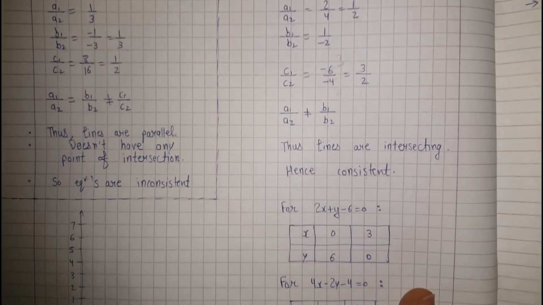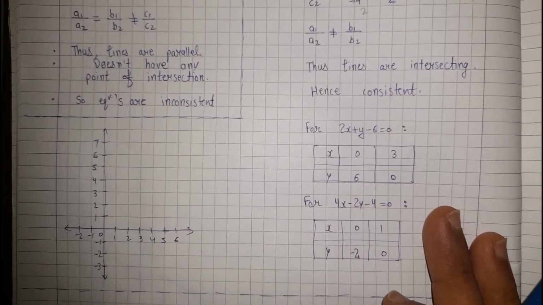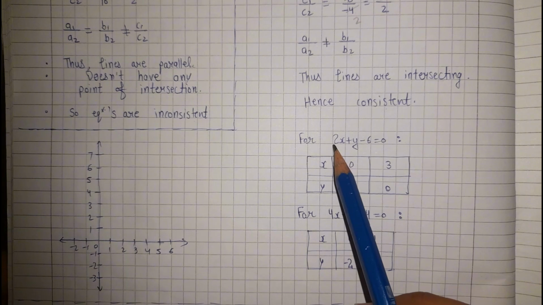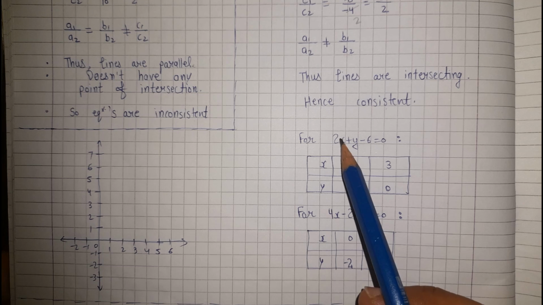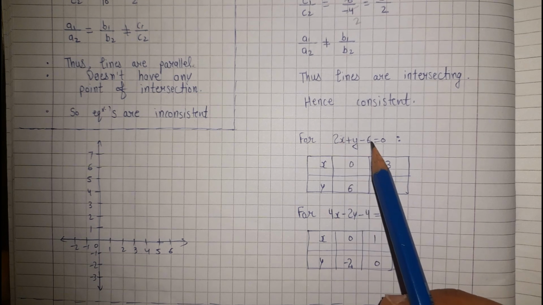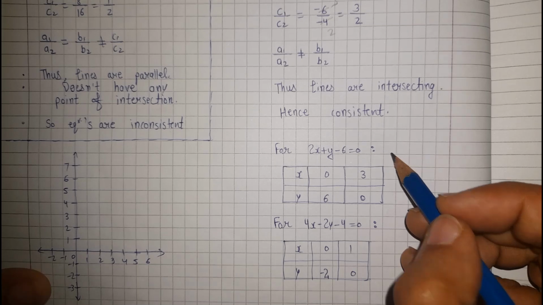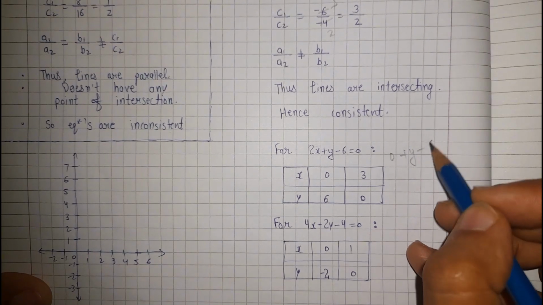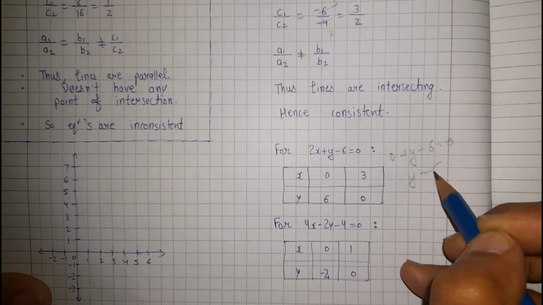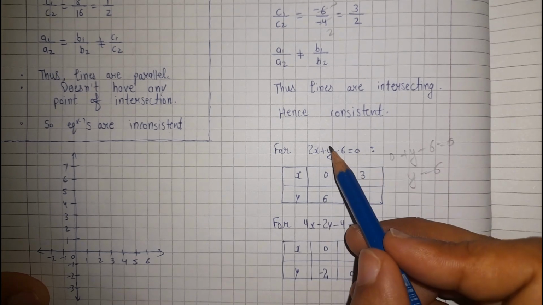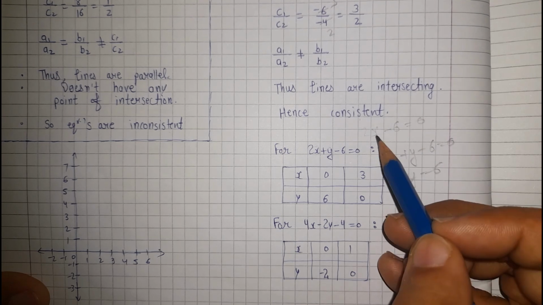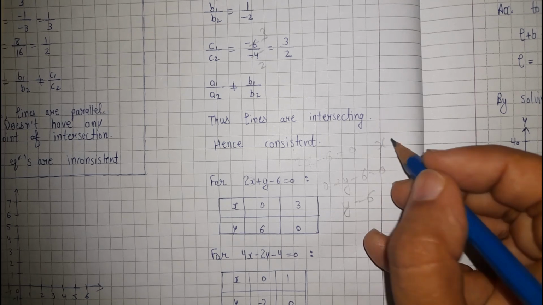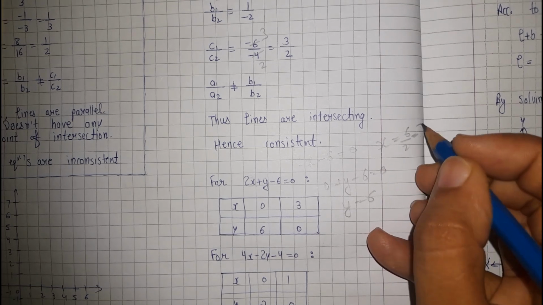If they are consistent, we need to find their solutions graphically. So for the first equation, 2x plus y minus 6 is equal to 0. When x is equal to 0, y is equal to 6. And when y is equal to 0, then x is equal to 6 upon 2, that is 3.